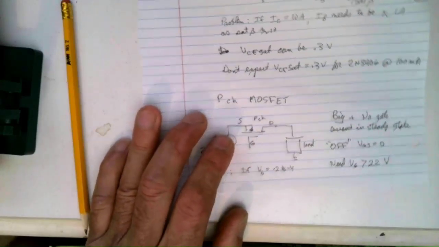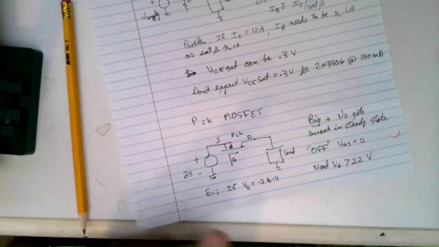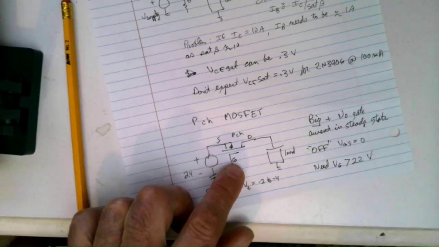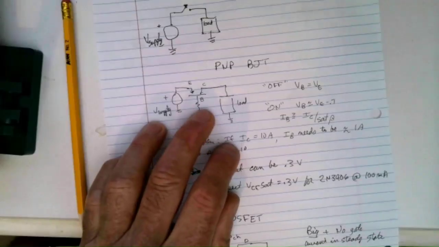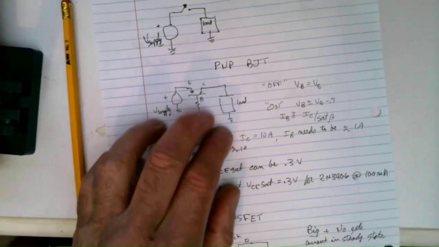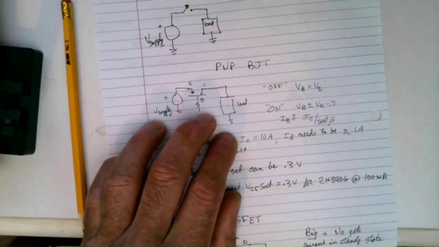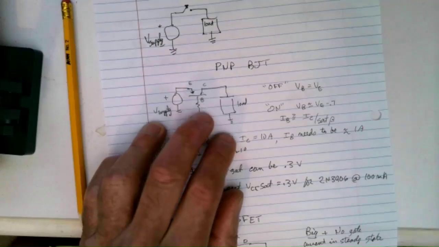Then you've got source, drain, and gate, and the gate is your control electrode, and you have to pull the gate down to turn the part on. Here you have to pull the base down to turn the part on. You have to pull current out of the base and pull the base down a little bit with respect to the emitter. It doesn't come down very much, only 0.7 of a volt, but you have to pull the base down to turn the part on.